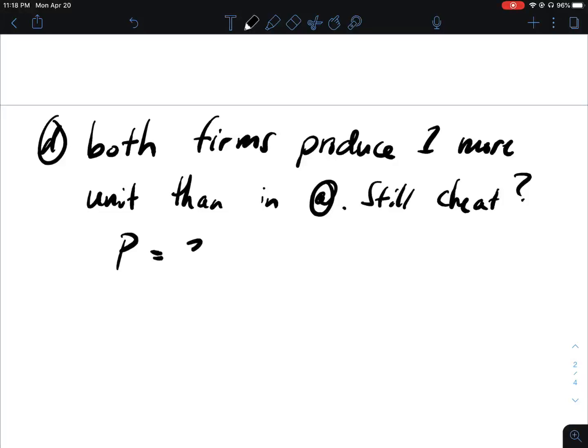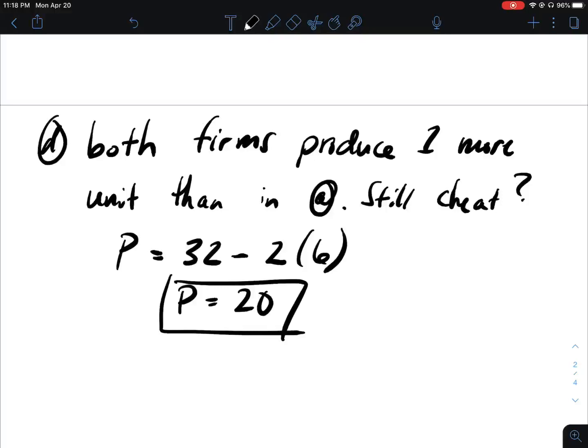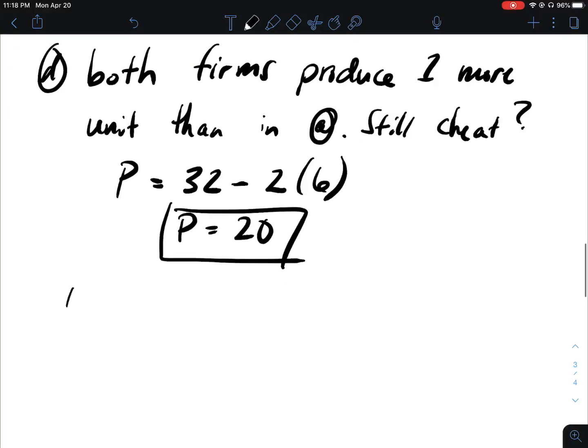So we start back at our inverse demand curve. We plug in the 6 units for Q. So 32 minus 2 times 6. Each firm is producing 1 additional unit, so we go from a quantity of 4 to a quantity of 6. So the new market price is 20.